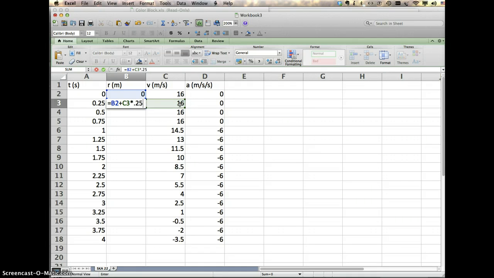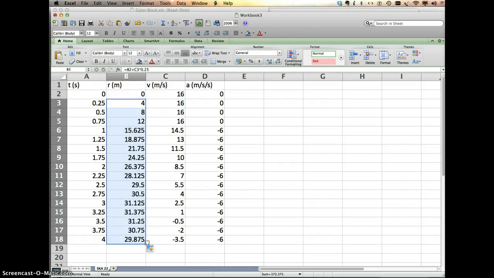So you see that the equation in essence is the same for both of those. Now this is a first order approximation. It won't yield the exact numbers for when we have accelerated motion, but that's okay as a first cut. So we'll put that in. We're going to copy that down by clicking on it, going to the bottom right hand and dragging down. And so here we have it.